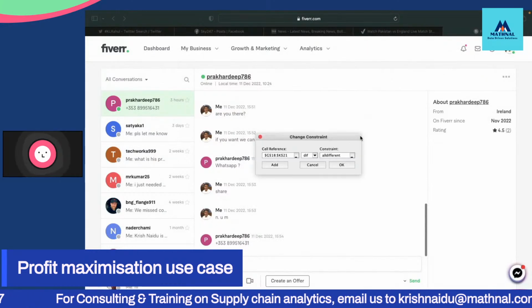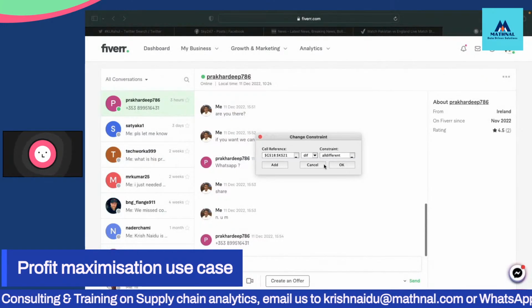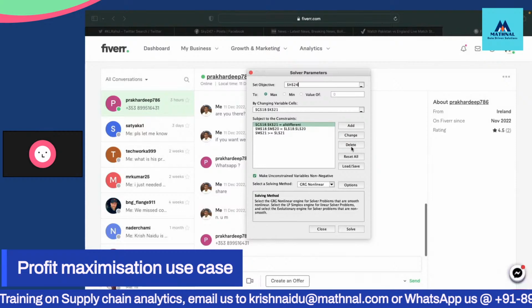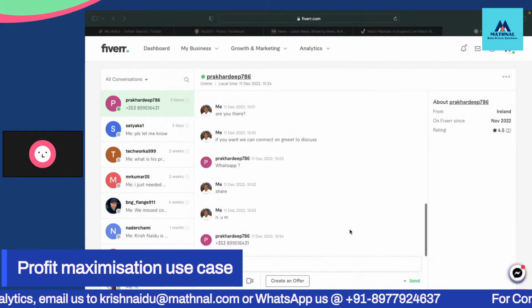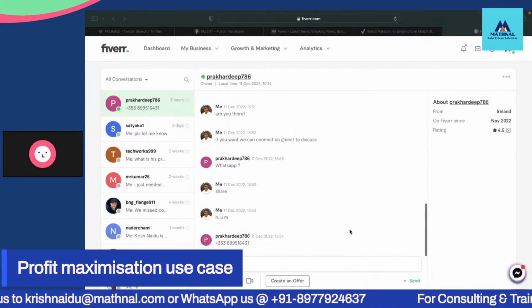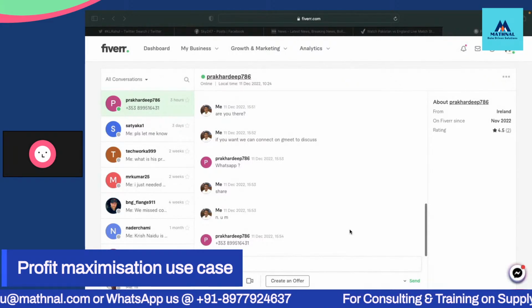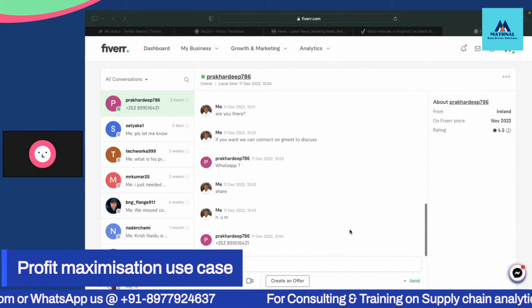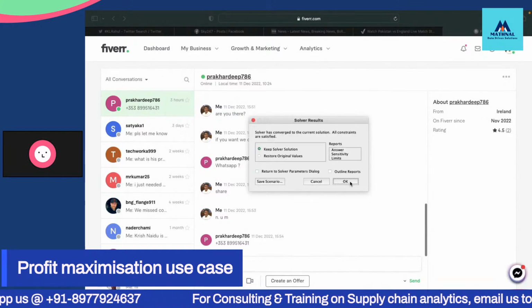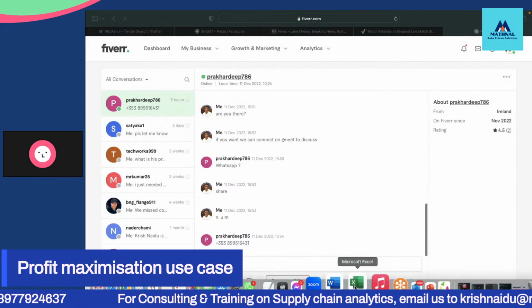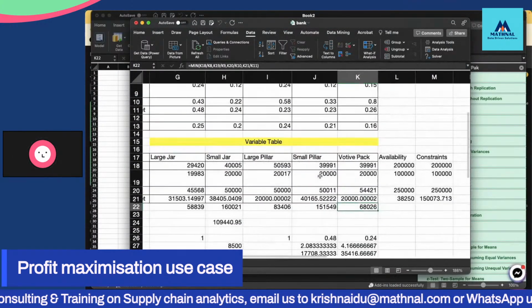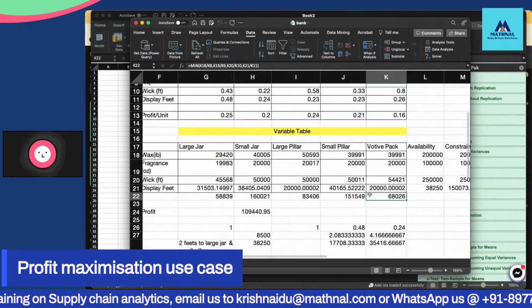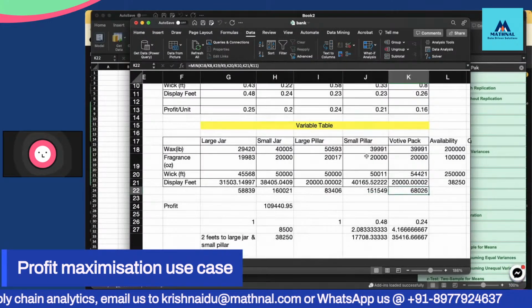So let me change this, or let me remove this itself, and let's try to solve this again. Oh wow, we got a very good solution now. Now we are able to produce each and every product.